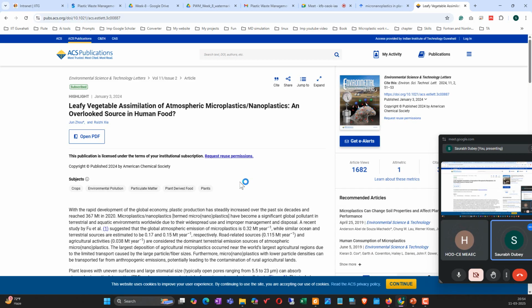Why? Because there is small attrition every time we use any utensil or anything made of plastic. With time, the upper layer of that plastic loses its physical or mechanical property, and because of which there is some abrasion happening.